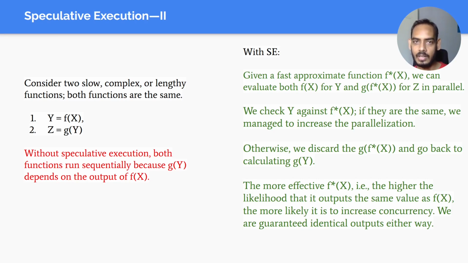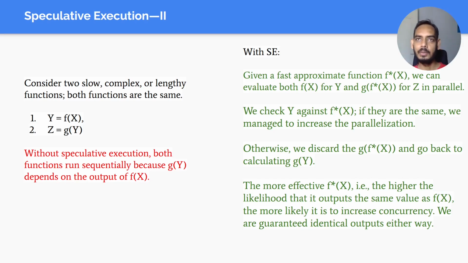Otherwise, we discard the value generated by f star of x and go back to calculating g of y. This mechanism increases the concurrency, and the output is guaranteed to be identical either way. That's the key idea.